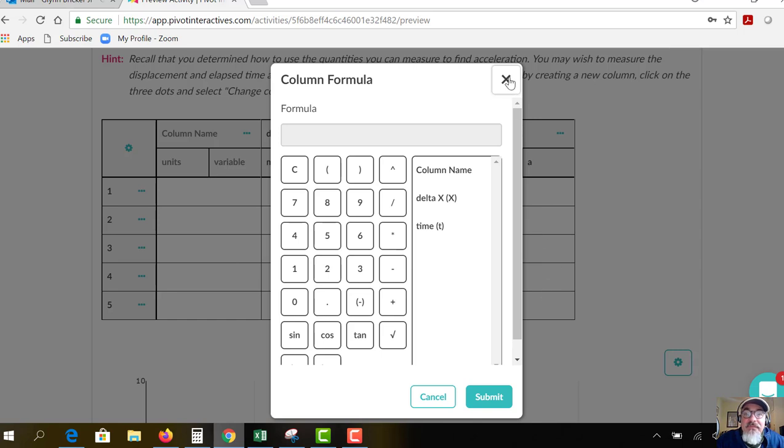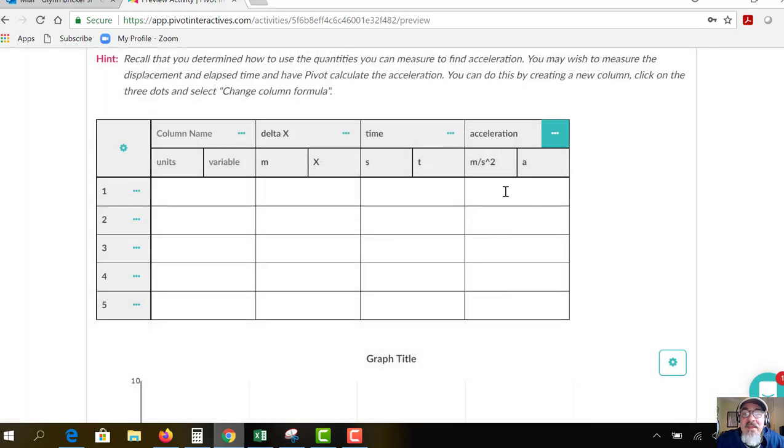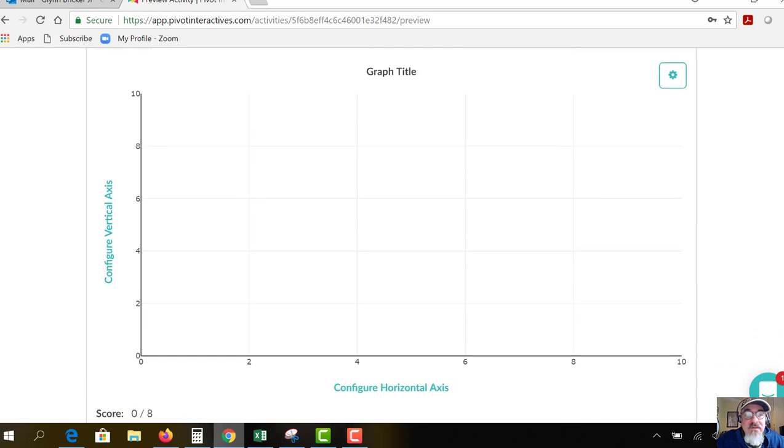But if you don't want to have the program do it, you could just calculate these accelerations by hand. And then on this one, you'd also have the force, in newtons, F. And then you're going to graph force on the vertical axis and the acceleration here.